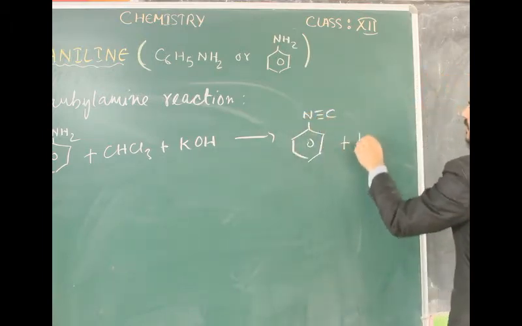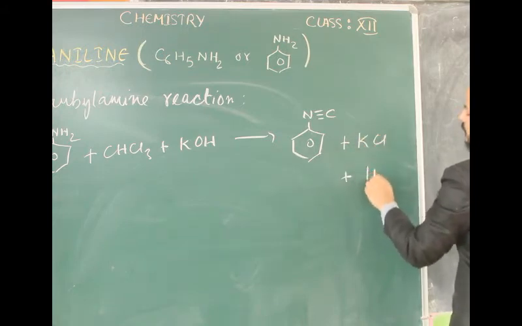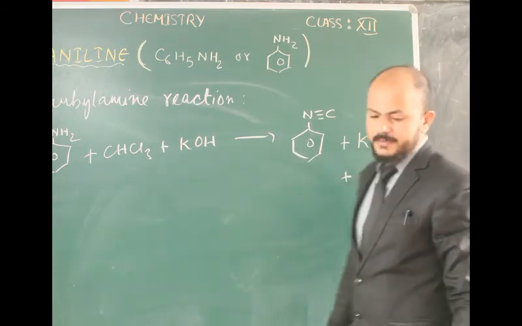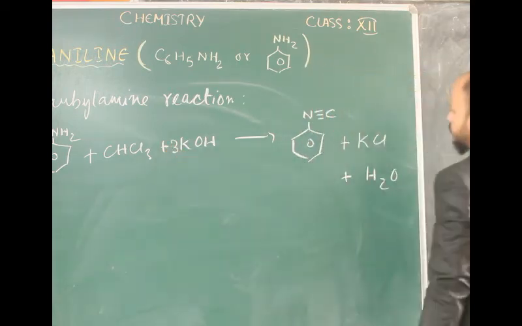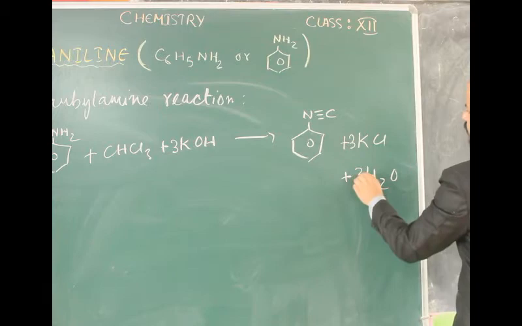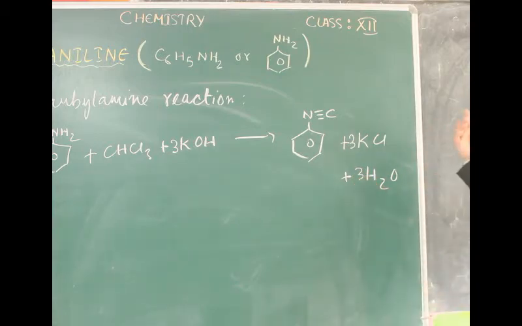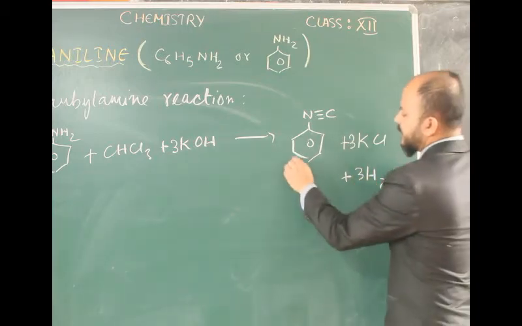Your byproducts are KCl and water. The balanced equation needs 3 molecules of KOH, and 3 moles of KCl and 3 moles of water will be produced.